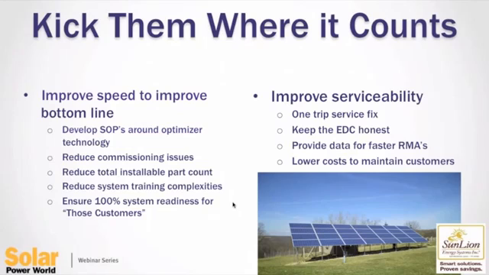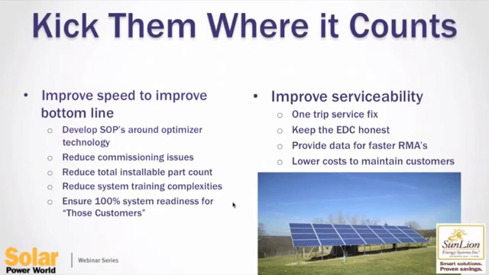So through very granular monitoring, and I will point this out, most of the optimizers give you a level of data communication that is in seconds. Most of the microinverters give you that in minutes or 15-minute increments.